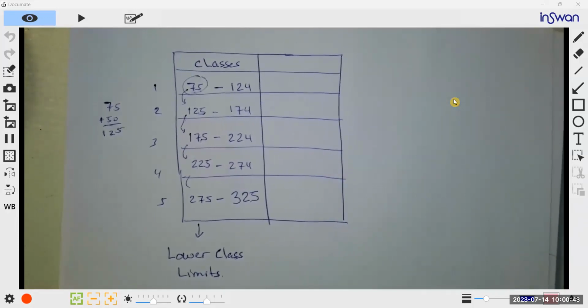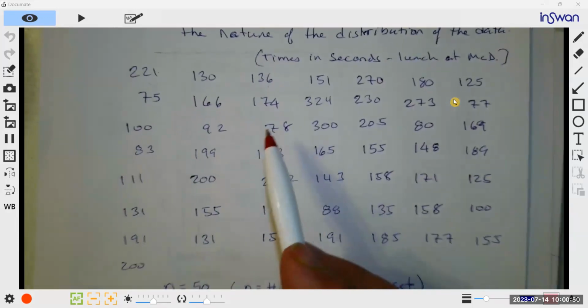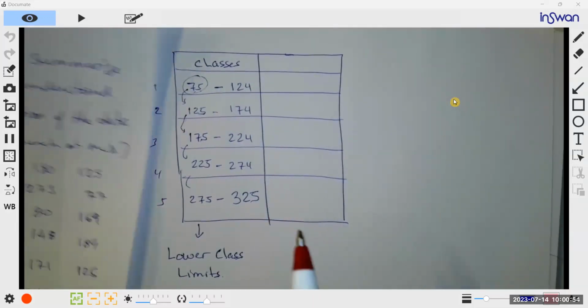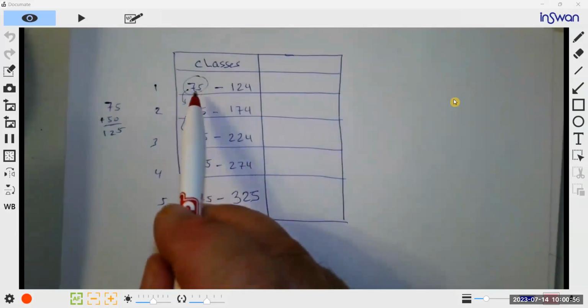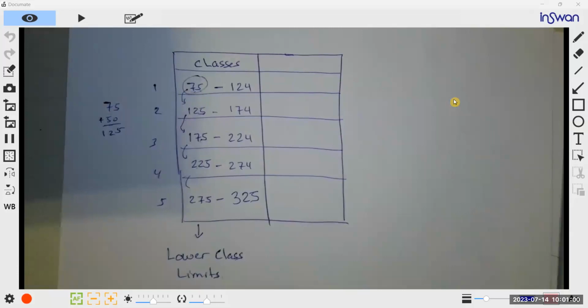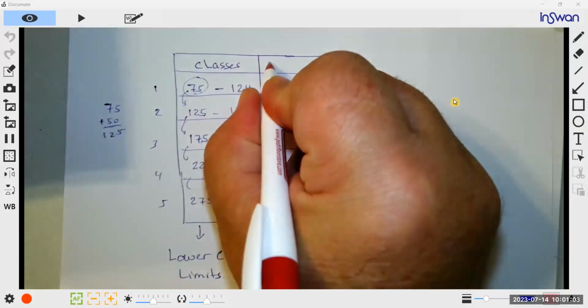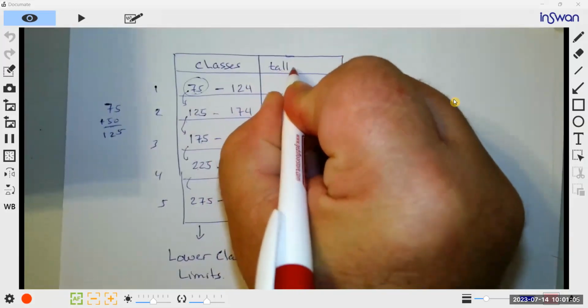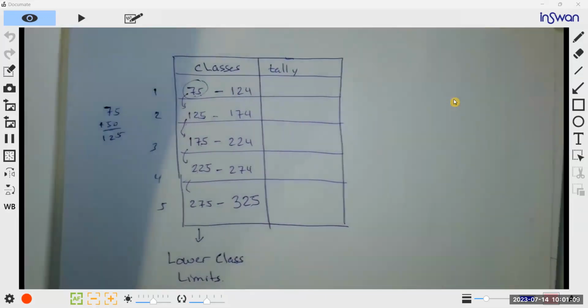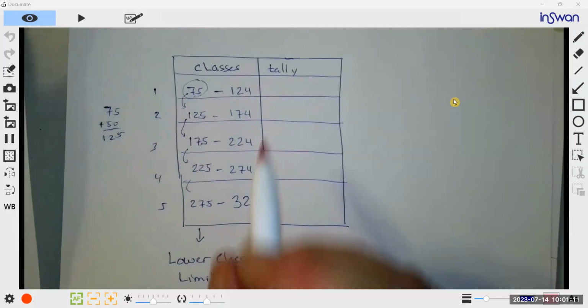Okay. Now, we have to take our data and put it in here. Do not say, okay, between 75 and 124, I'm just going to look for them, because your eyes will deceive you. What we're going to do first is called tallying. We're going to use hash marks.